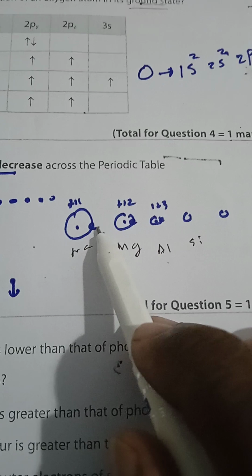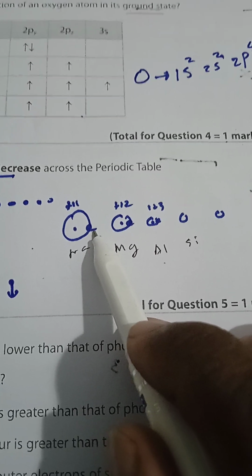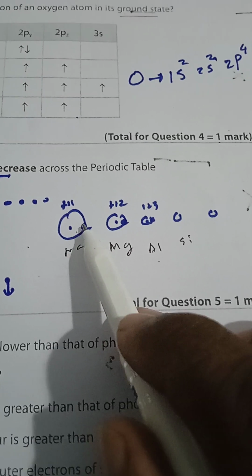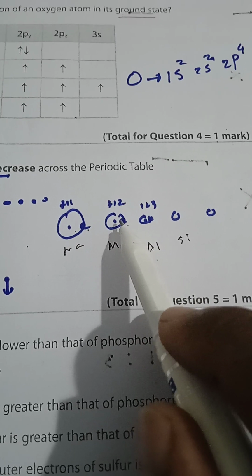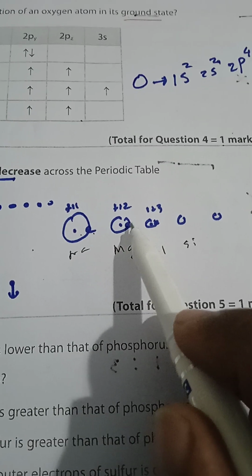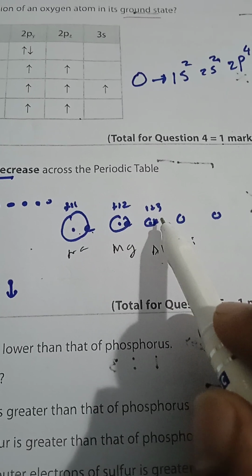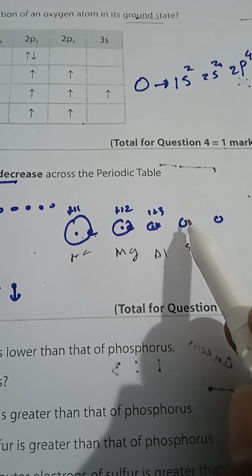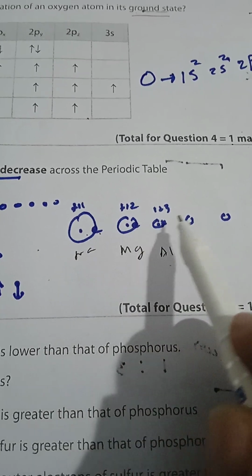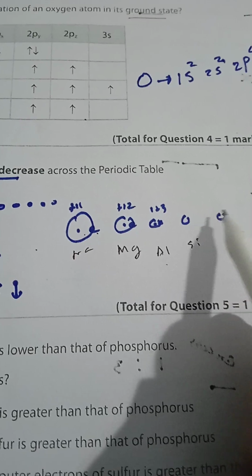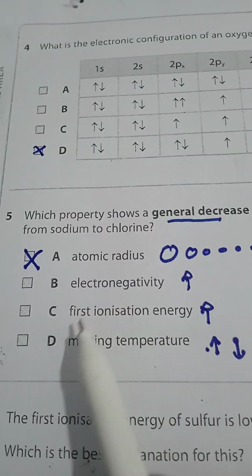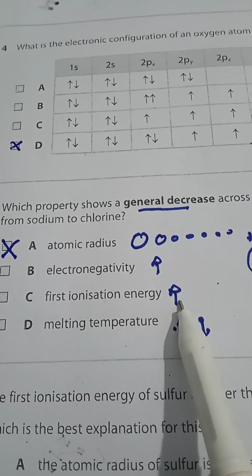This is the outer electron. This outer electron is far away from the nucleus, so it is easily released. This one is close to the nucleus, difficult to release. This one is very difficult. So the first ionization energy increases.